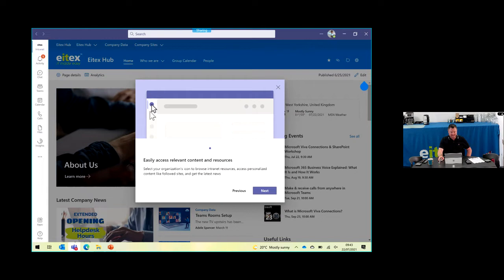So I'm going to click next, and it's telling me what the changes are. Once you enable Viva Connections in your organization, your employees will see this, to give them a prompt to tell them what's changed. It's telling you you can easily access relevant information, etc. Well, I'm going to be going through all this anyway.